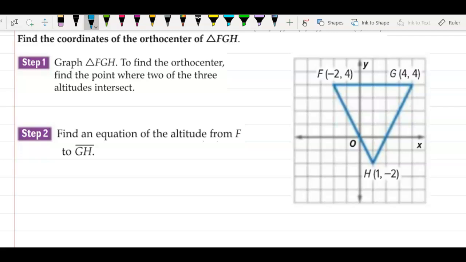So let's start. It wants us to find an equation of the altitude from F to GH. So I'm going to do my best to draw this and try to make it as perpendicular as I can.